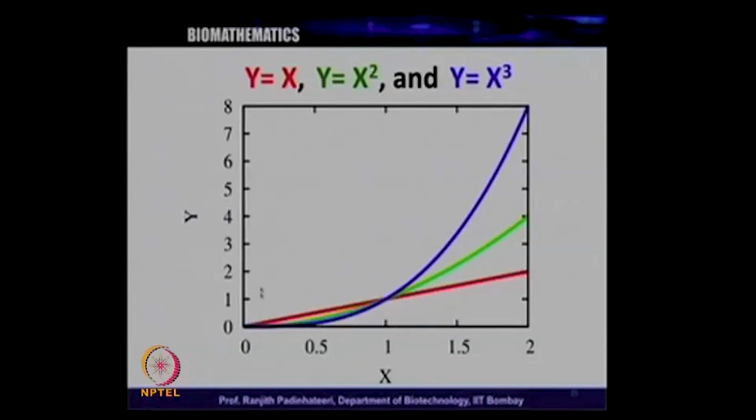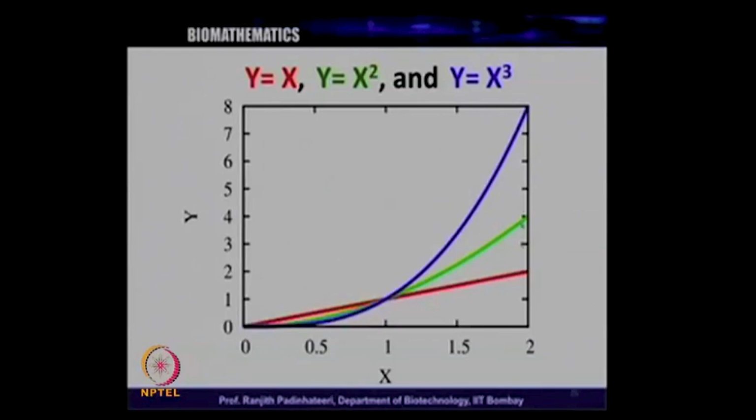So, x square is larger than x cube when x is less than 1, but above 1, the green gets larger as we go for larger and larger x, the blue is growing much faster, which is x cube, and green grows faster than the red, which means x square is growing faster than x.